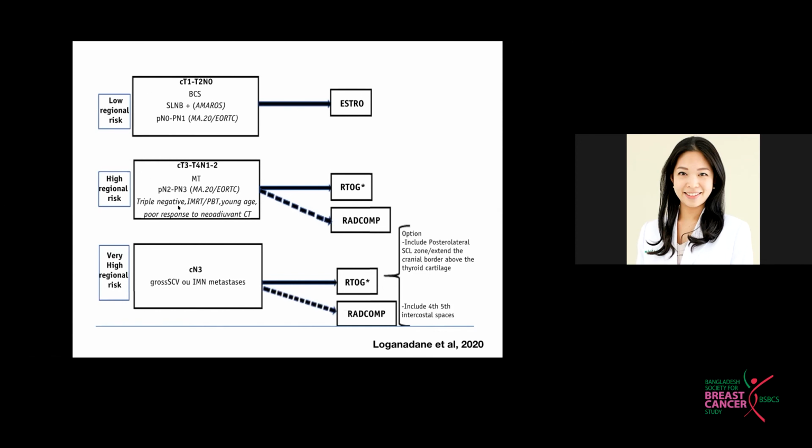For high regional risk, we can use RTOG. It's possible to include up to the fifth intercostal space.